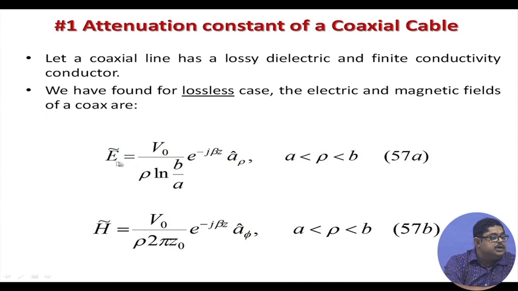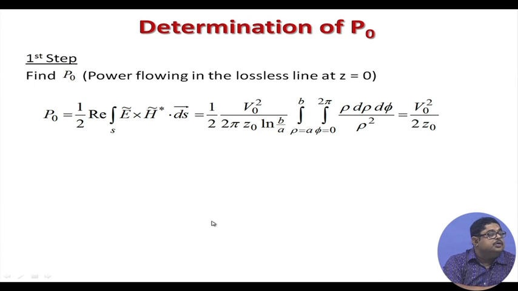So, you see E is along rho and H is along phi. The electric field goes radially outward and the magnetic field circles azimuthally. From that, if you remember the expression for alpha, the attenuation constant, we need to find out what the loss is and what the power flow is.